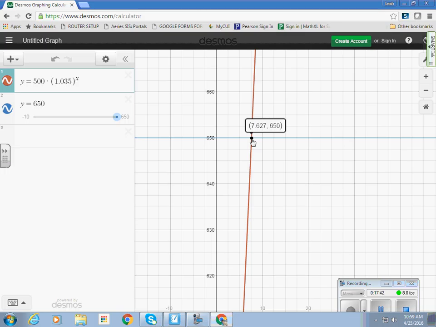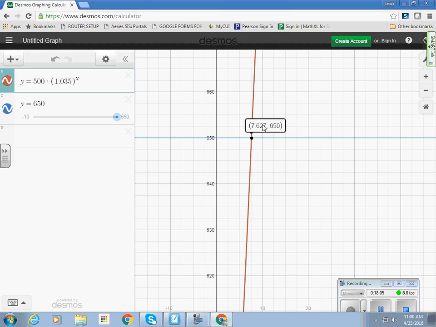When will the account contain at least $650? So in year 7, almost a little beyond the middle, the account will have, well, not really, because we can only do, it'll have to be in year 8. Because when do they compound the interest? When does it happen?